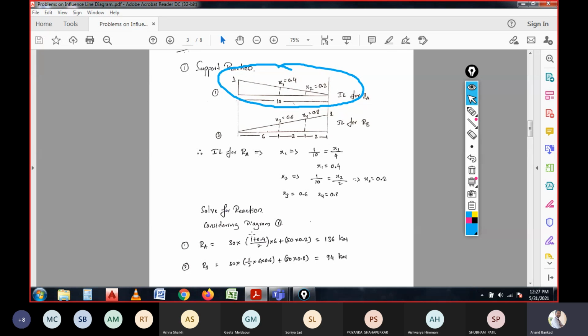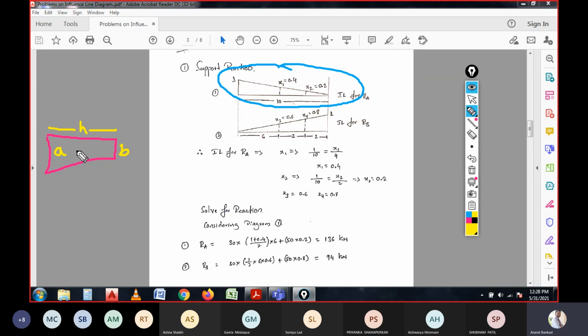I hope that you know the trapezoidal formula, right? Or else I could draw it here and tell you. See, if you consider the diagram, say it is B and it is A, and it is an edge.